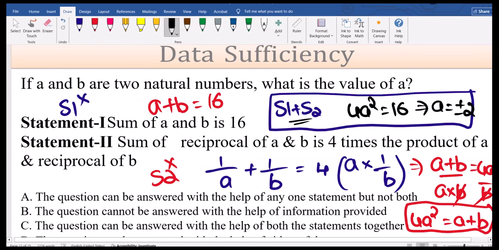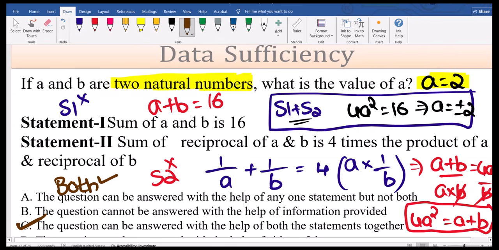So problem is that. Natural number, yes. Because of that we can go statement put together is okay as it is natural numbers, or sometimes they'll mention positive integers. So yes, as A is plus or minus 2, we are filtering A value in question as we have additional data, natural numbers, A value 2. So we can go for the answer both statements together.